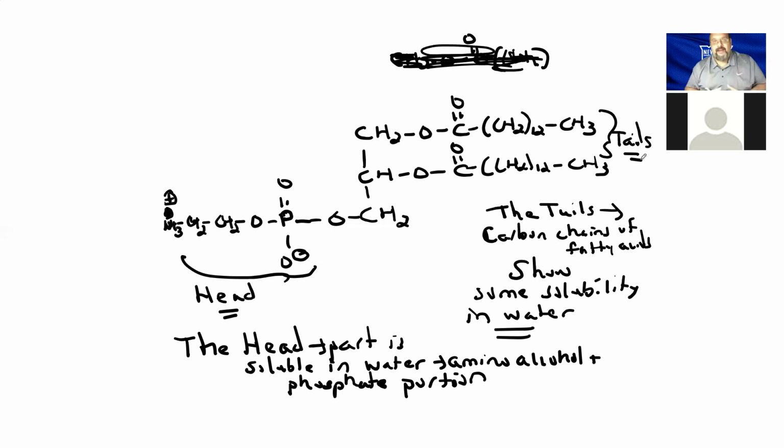Now, whereas the head of a glycerol phospholipid is going to be soluble in water, the tails are going to be insoluble in water. But as you saw in the notes, because this region is nonpolar, and that's why this region is insoluble in water, it can dissolve other nonpolar types of substances. Like what? Like other types of lipids, like fats and oils, your triacylglycerols.